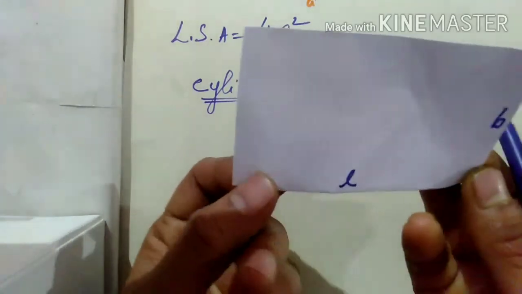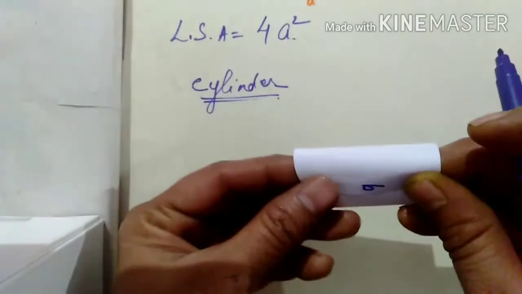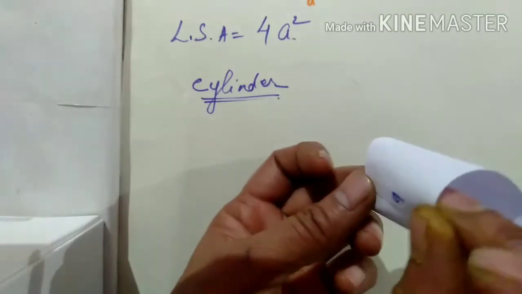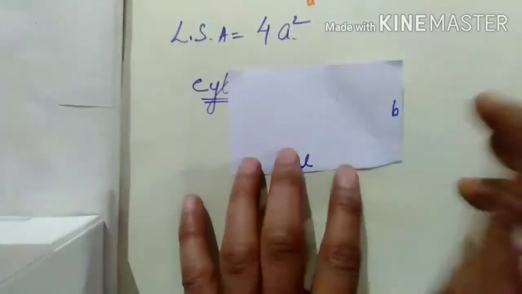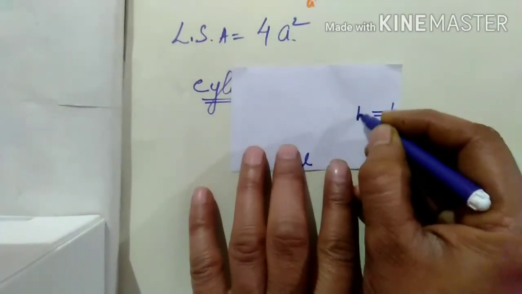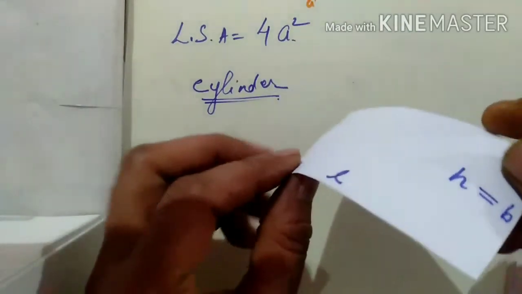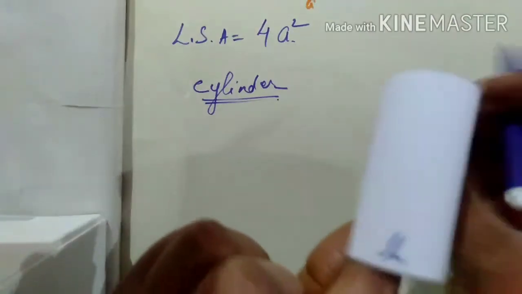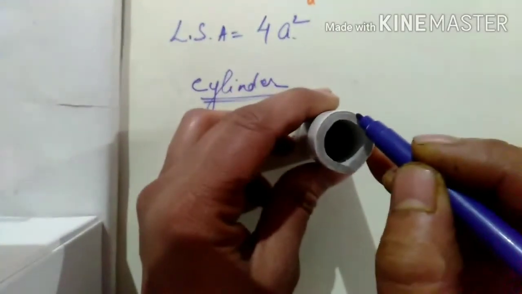When it is folded like this, it becomes a cylinder, and this breadth B becomes the height of the cylinder. Now this is the length. When I fold it in such a way, this length forms the circular part.